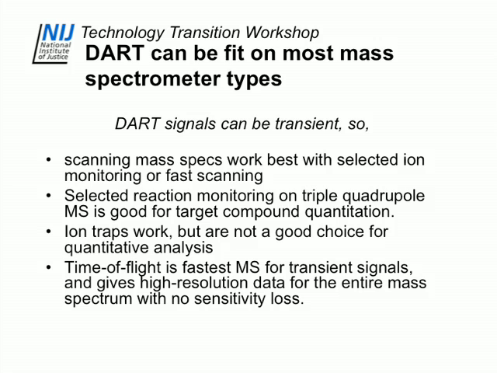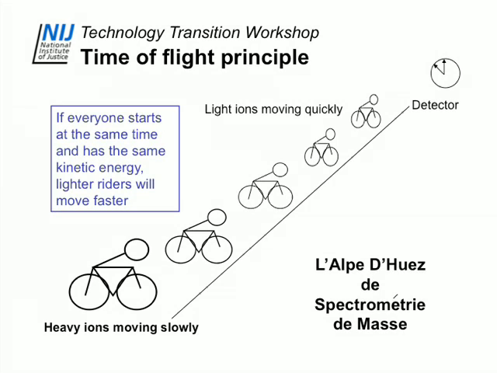And the time of flight is really the fastest mass spec for transient detection. It gives high-resolution data for the entire mass spec with no sensitivity loss, at least talking about the analyzer. So it's really good for characterizing what's there. I think the triple quads or some of the hybrids might be really good for trace quantitative analysis of some of these compounds in a complex mixture. So we'll be focusing on this one.